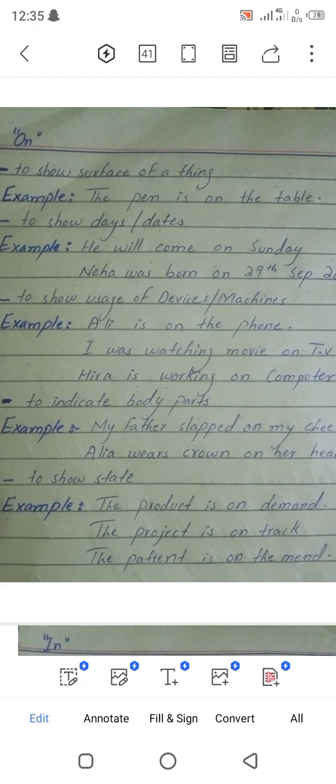Now let's discuss the definition of prepositions.